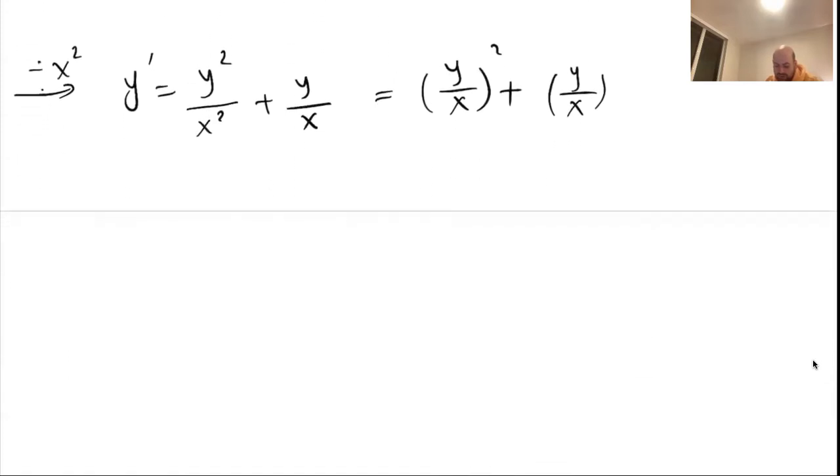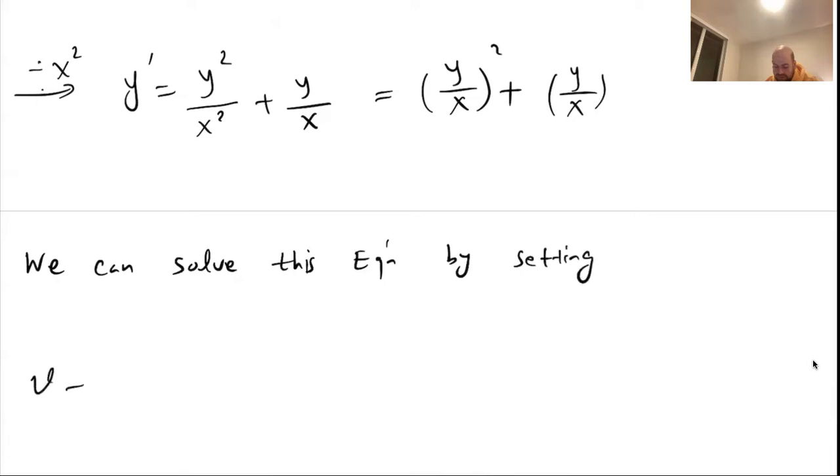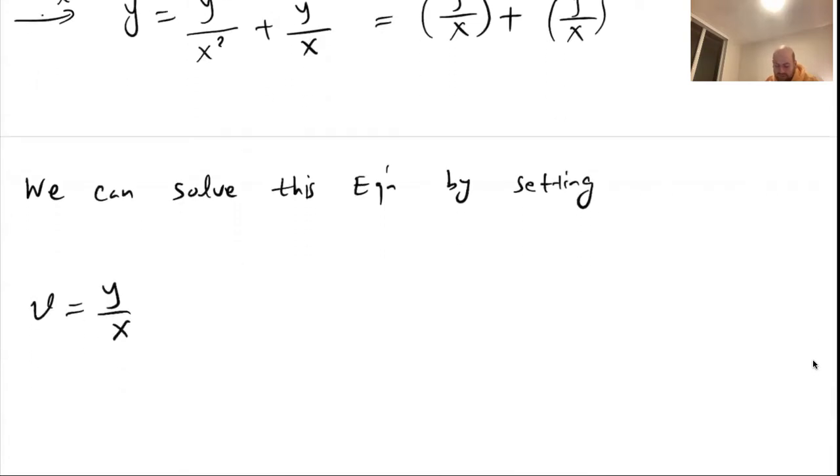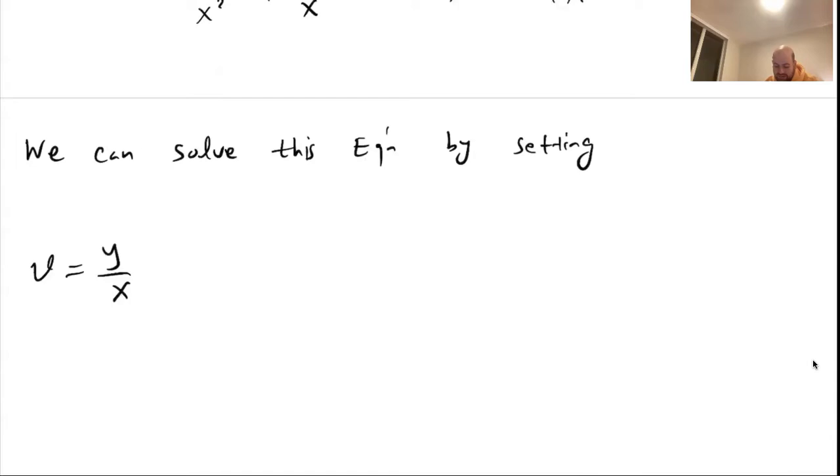So we can solve this equation by setting v equals y over x. If I set v equals y over x, then I can say that y is equal to v times x.